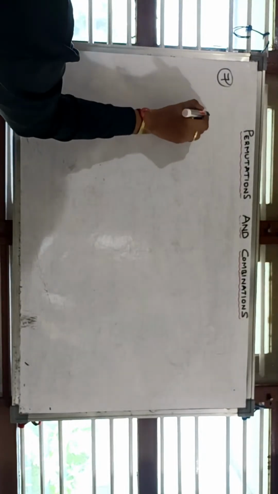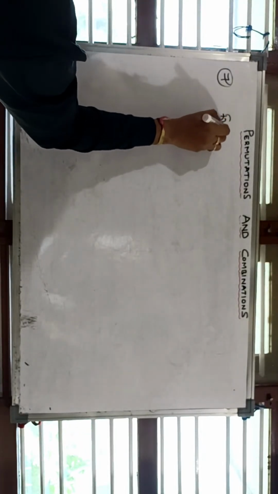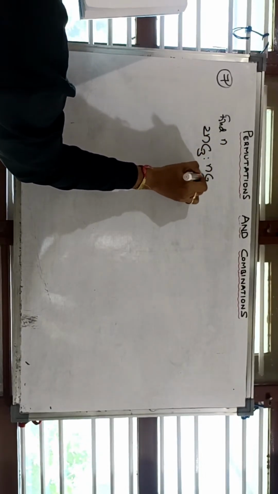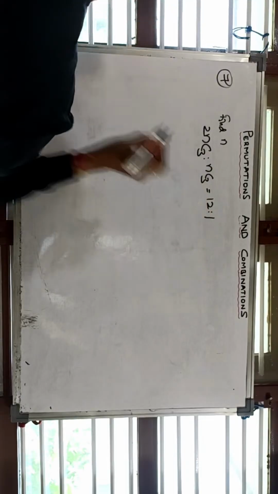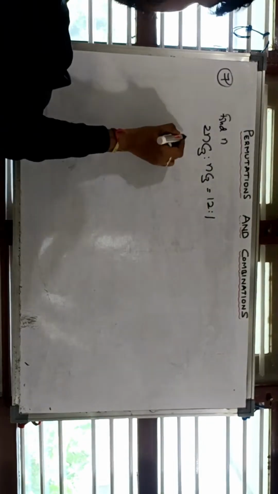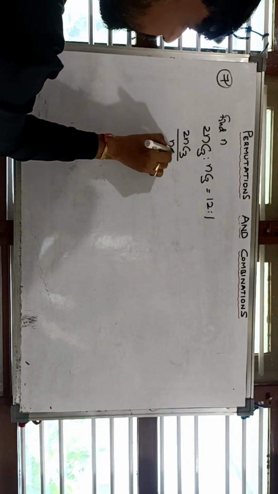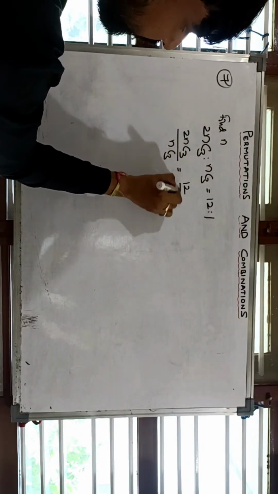Find n, if 2nC3 ratio nC3 is equal to 12 ratio 1. Whenever a ratio is given, 2nC3 by nC3 is equal to 12 by 1.